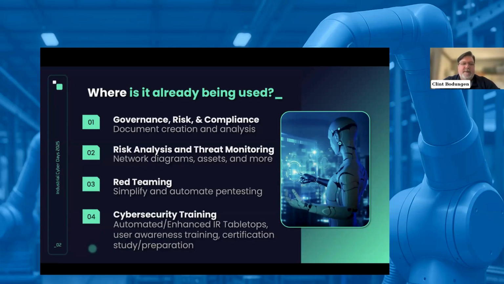We're still seeing that in areas like governance, risk, compliance, GRC, where people are using it to help create IR plans and security policies, or to evaluate what they have. It's really starting to be used in risk analysis and threat monitoring.